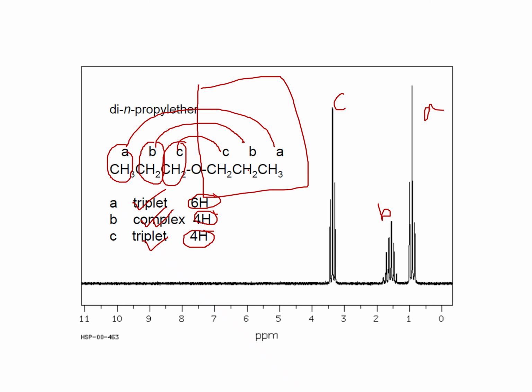So why does their height matter? You can see for 6 hydrogens, A's height would be 6 times, C's height would be 4 times, then B's height would be 4, but as it has been split a lot, you can see the sextet is split, that's why its height would be decreased. For example, if I had this pattern, but if I tell you to split this in a different way, whenever you split this into 2, its height would be like that.